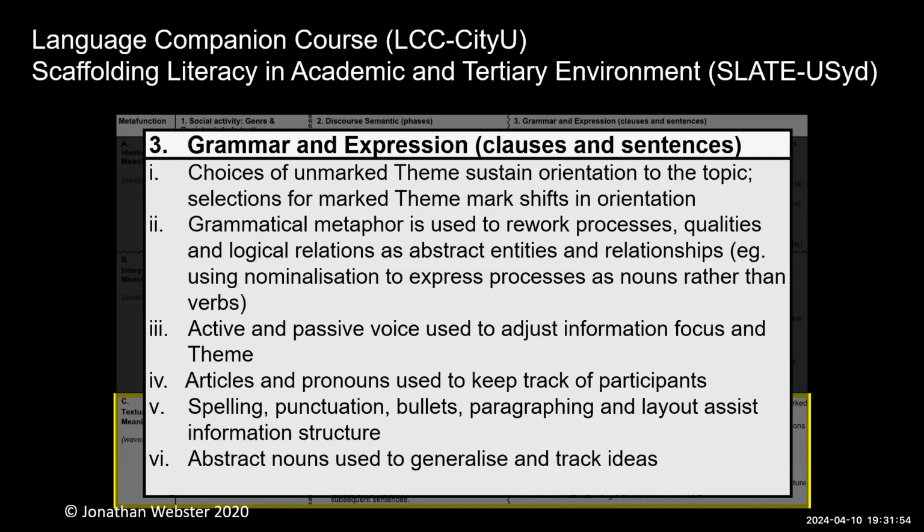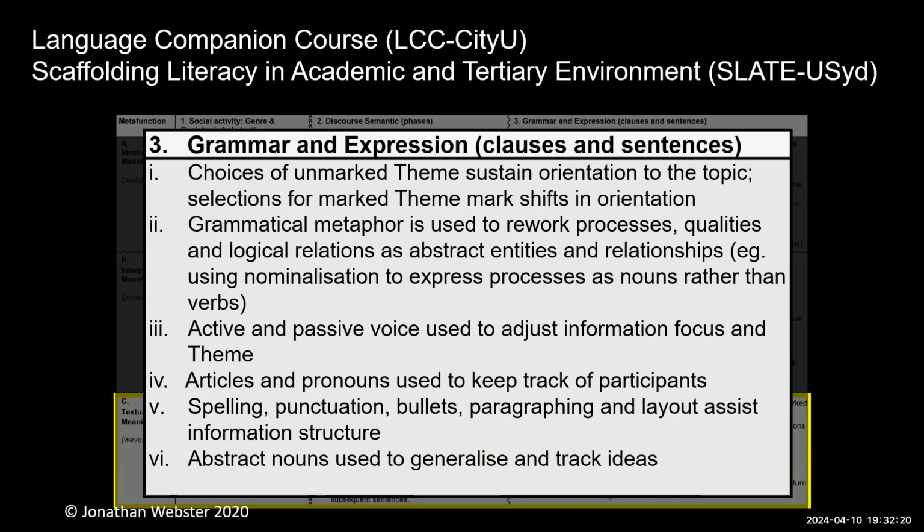You're going to also have to look beyond that, to look for how choices of unmarked themes sustain orientation to the topic. On this side, you're doing Mach 2, the mangroves. You see mangrove keep appearing as theme. That's one thing you'd be noticing.